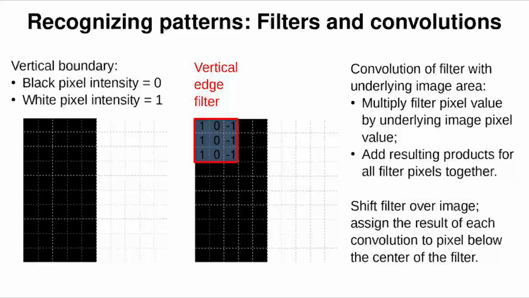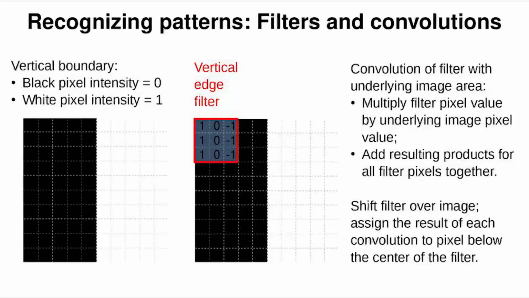Each pixel of the filter is assigned a numerical value. All pixels in the left column have a value of 1. All pixels in the central column have a value of 0, and all pixels in the right column have a value of -1. A convolution operator for this filter with the underlying area of the image is defined as follows.